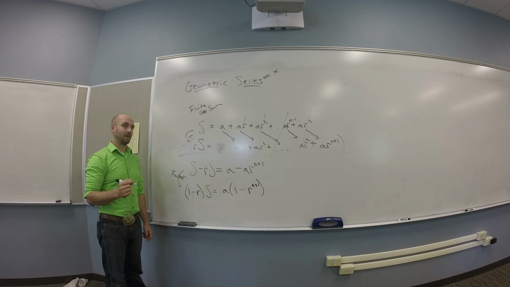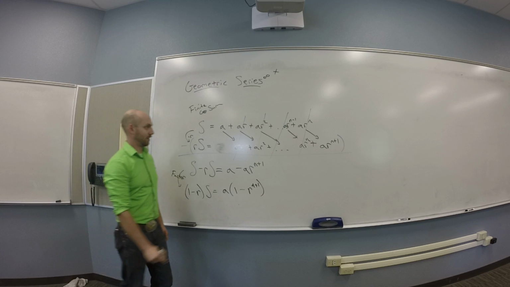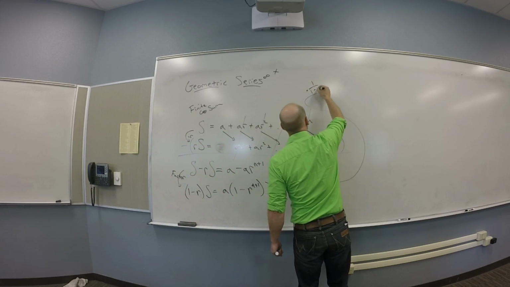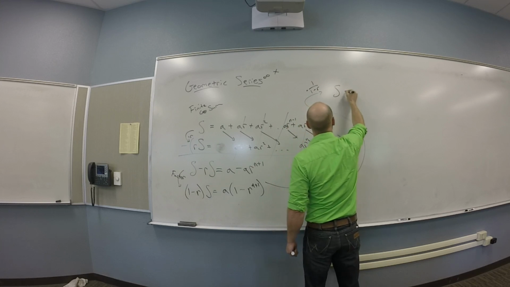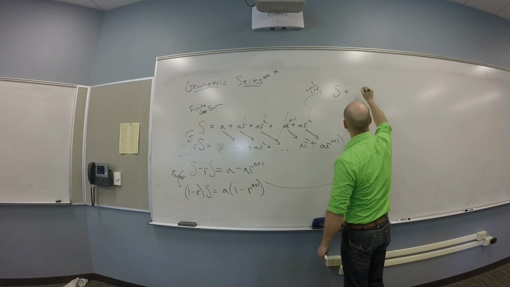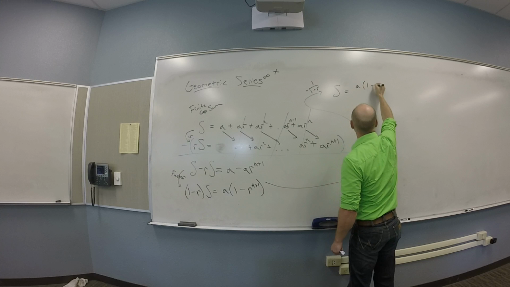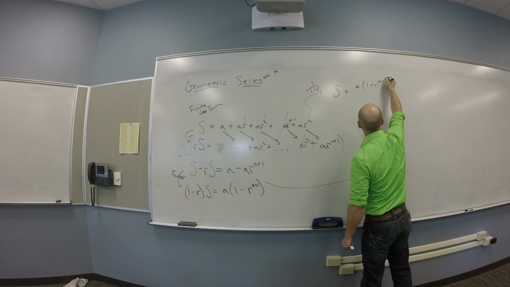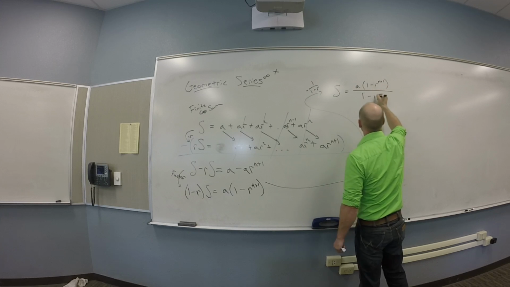And then you multiply by 1 over 1 minus r. And so you get the sum of your finite series is A times 1 minus r to the n plus 1, all over 1 minus r.